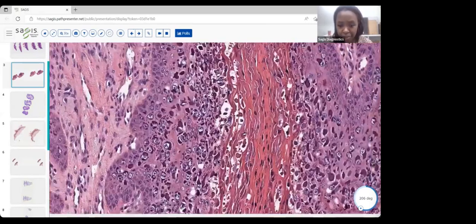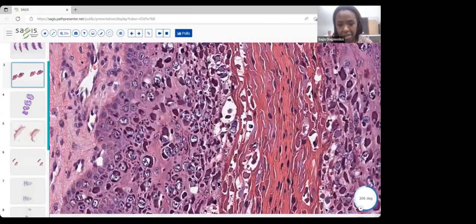Going in a little closer, so some of these cells are really quite enlarged, but again, we see that these are discrete cells with a vacuolated cytoplasm. The cytoplasm is full in many areas of these inclusions.